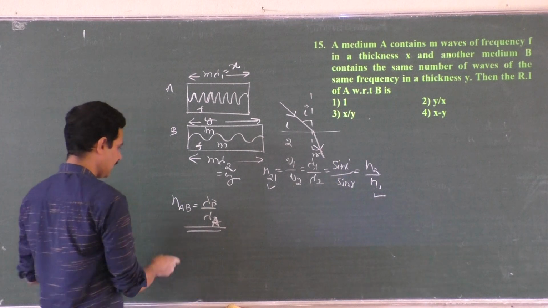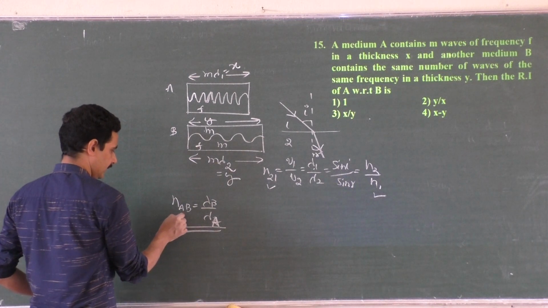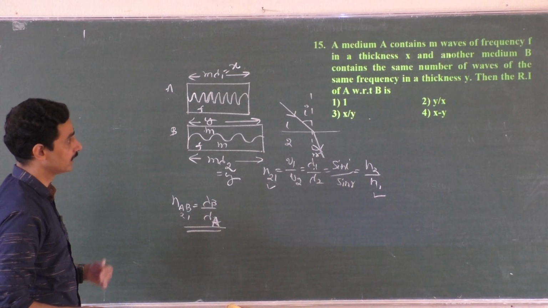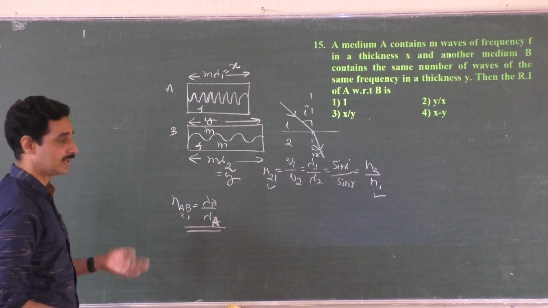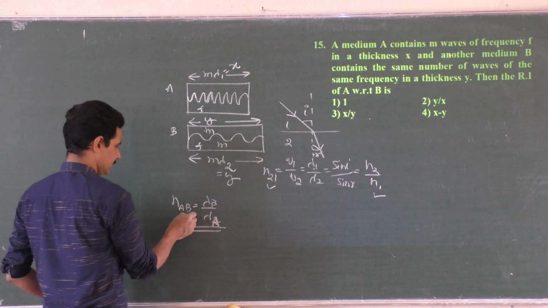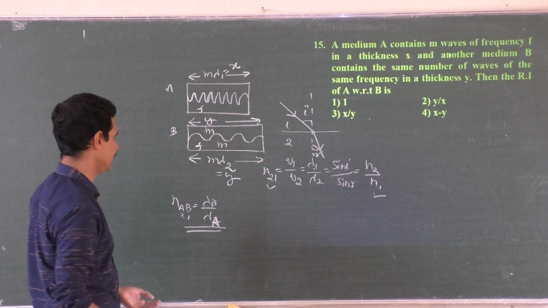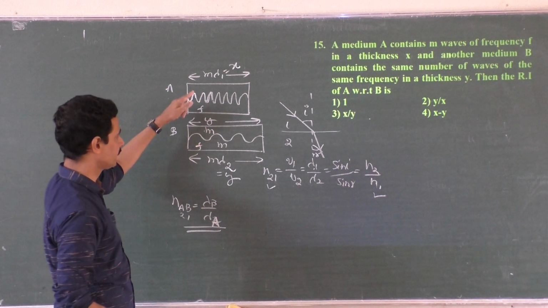So refractive index of second medium A with respect to first medium B, now they are asking you refractive index of A with respect to B, A with respect to B. So here you should have first, second. Now how to get lambda B by lambda A? Divide this, same number of waves, right?